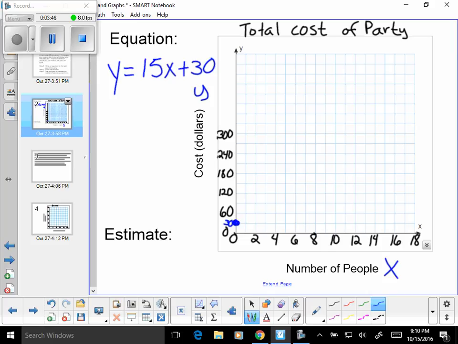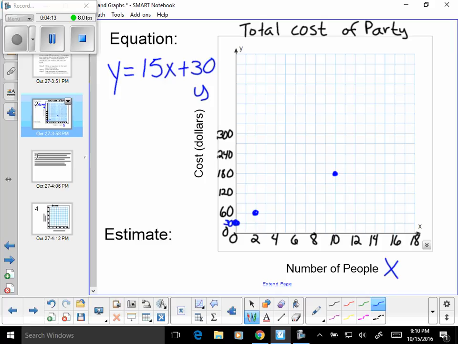Now here is where we use our substitution. What if X is 2? 15 times 2 is 30. 30 plus 30 is 60. What if X is 10? 150 plus 30 is going to be 180. And it kind of will help us draw our line.